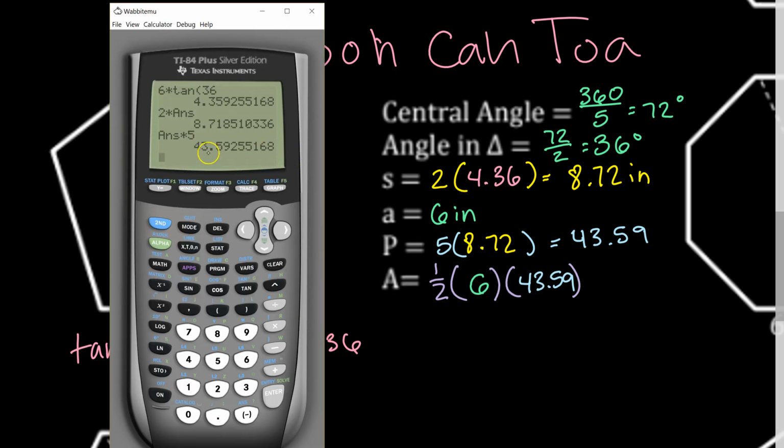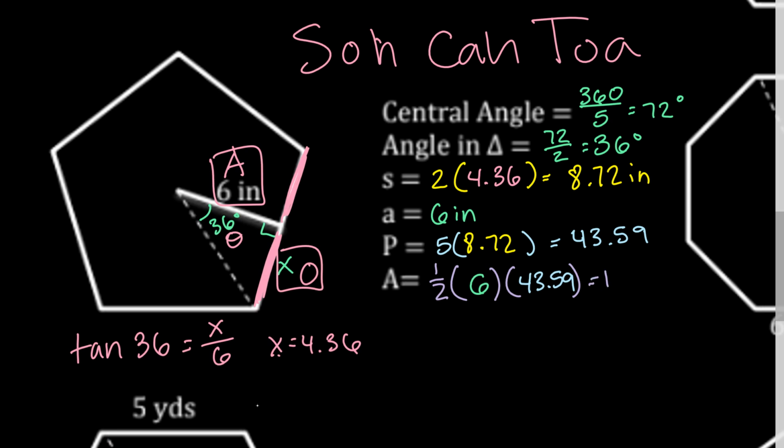So you do that whole perimeter number times 6 times 1/2. And you get 130.78 inches squared.